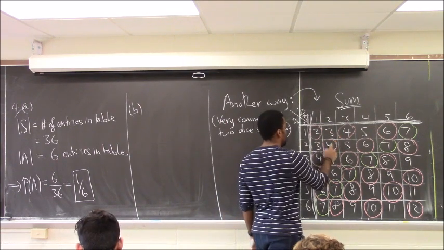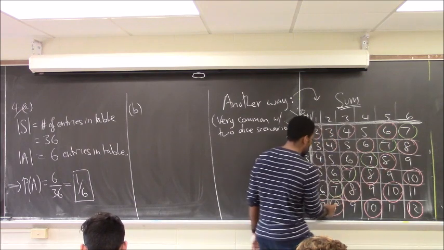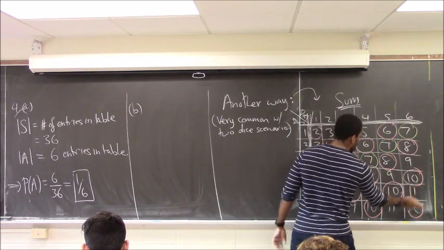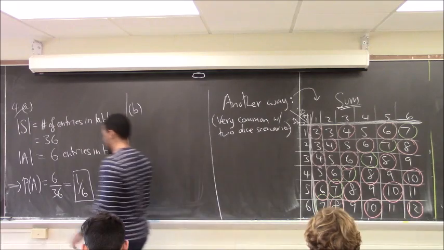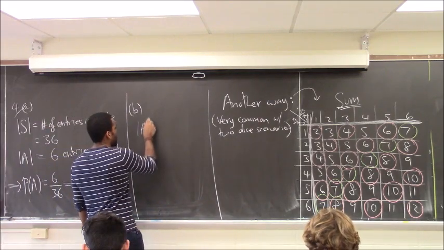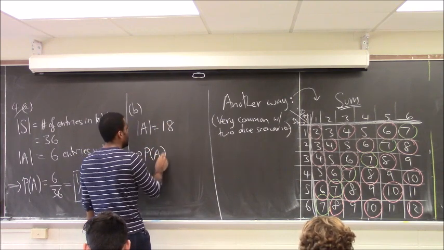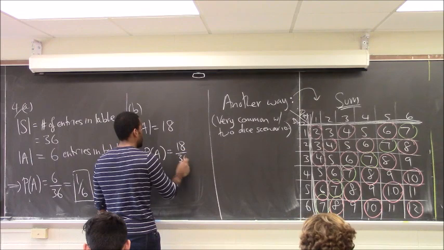So I have 1, 2, 3, 4, 5, 6, 7, 8, 9, ... 18. So here, the size of what I want is going to be 18. This means that the probability of what I want is going to be 18 out of 36.